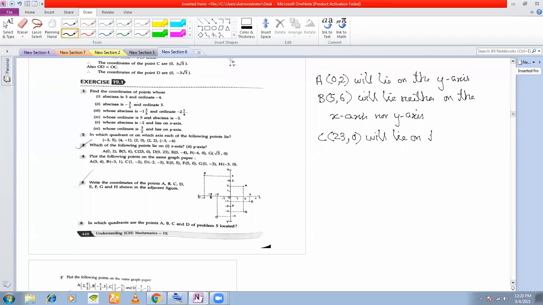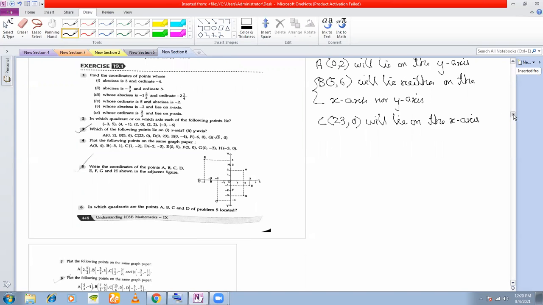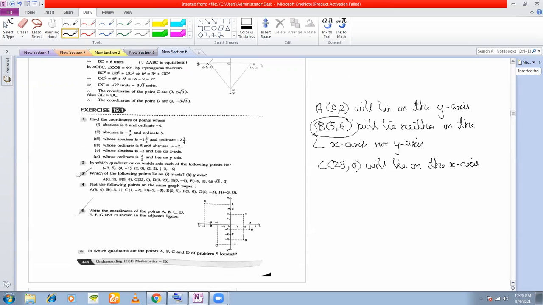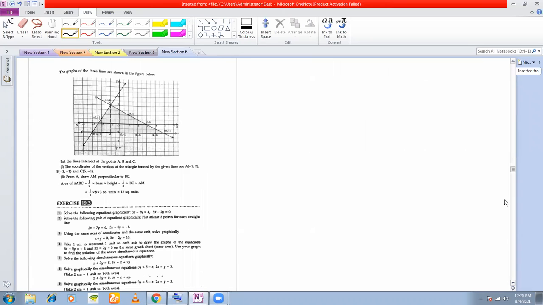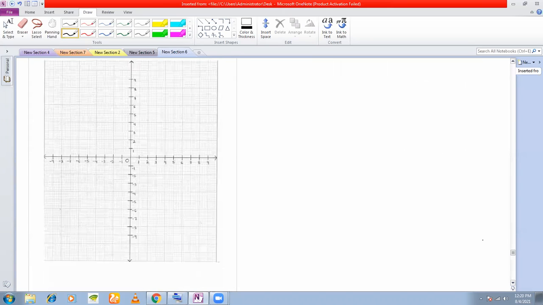Sir, I did not understand the second one. Second one, yes, sir. What is the point? B, 5, 6, right? Look at it on the graph paper. How will you locate 5, 6 on this graph? 5 and then you have 6, right?